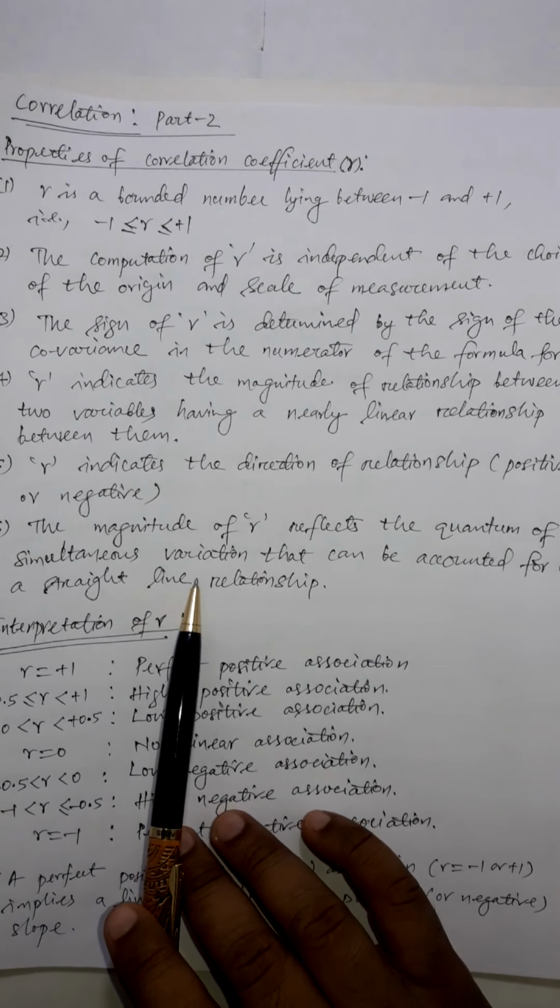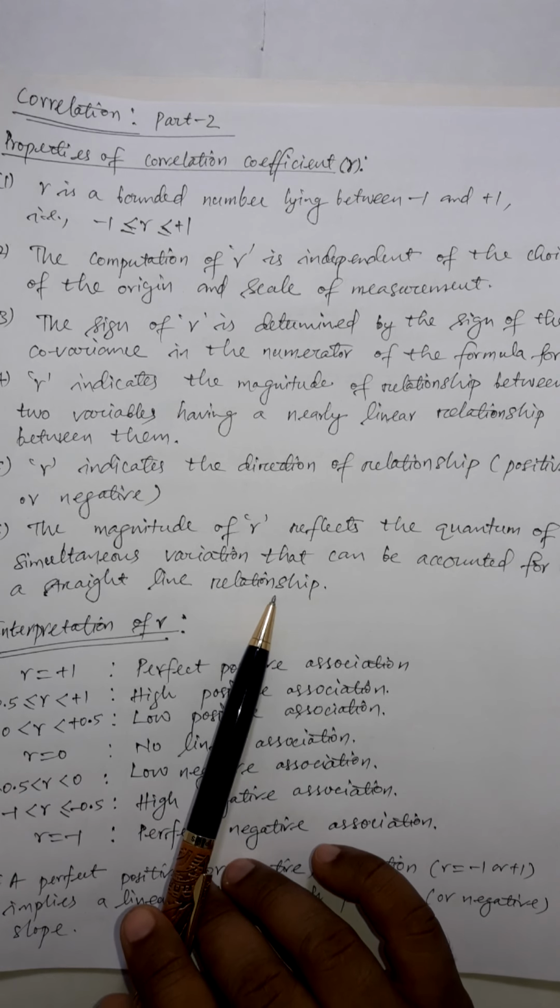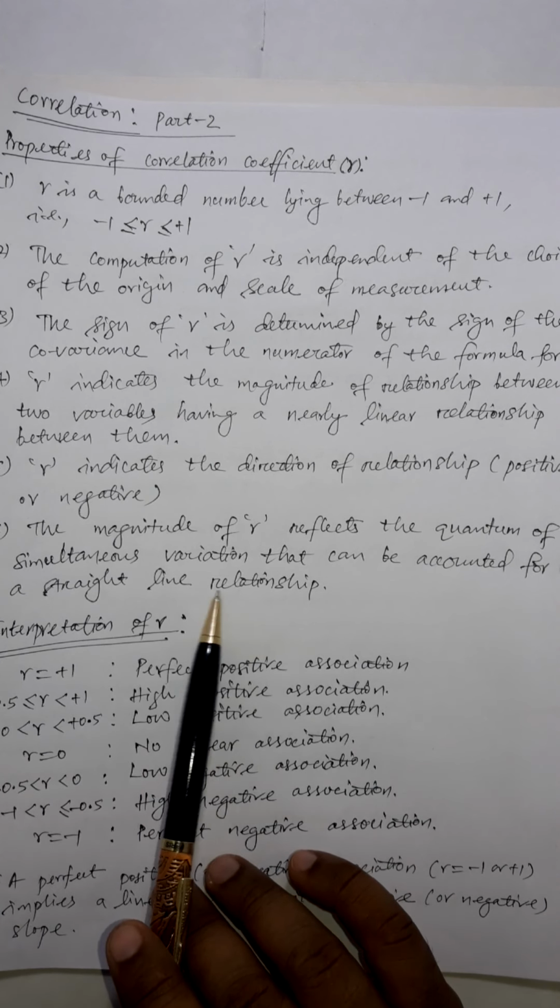If both series of variables are maintaining a straight line or linear relationship, then up to which magnitude they are changing together, which is called simultaneous variations, can be reflected or represented by the magnitude of the coefficient of correlation. Okay friends, so these are a few properties of the coefficient of correlation.